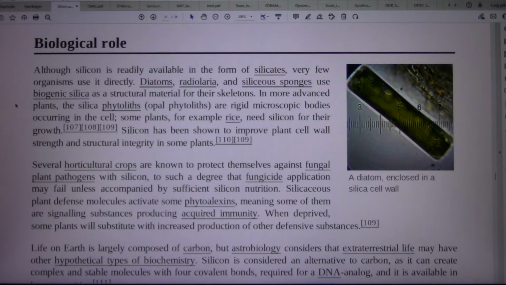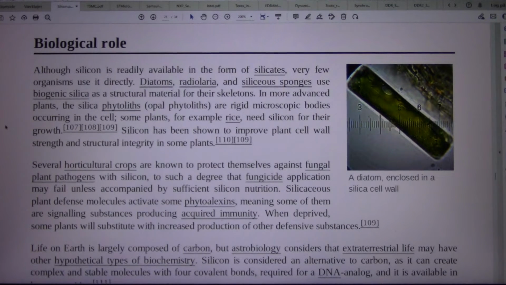In more advanced seed plants, the silica phytoliths, opal phytoliths, are rigid microscopic bodies occurring in the cell. Some plants, for example rice, need silicon for their growth. Silicon has been shown to improve plant cell wall strength and structural integrity in some plants.